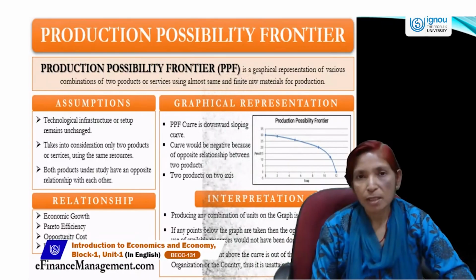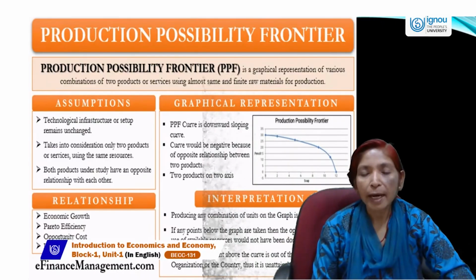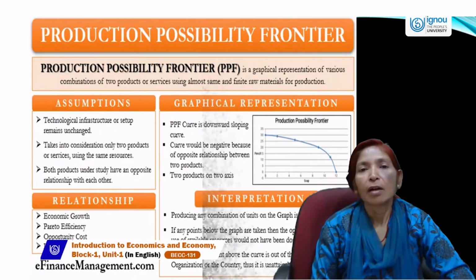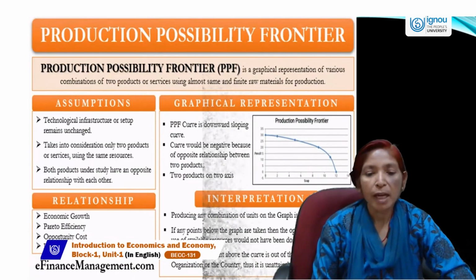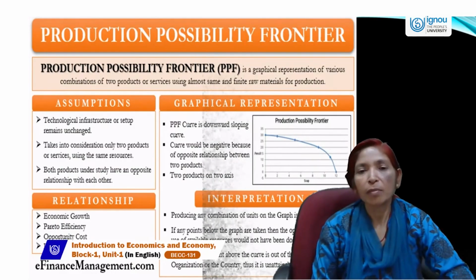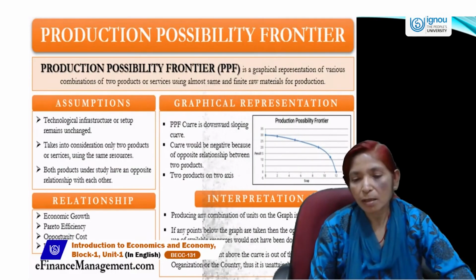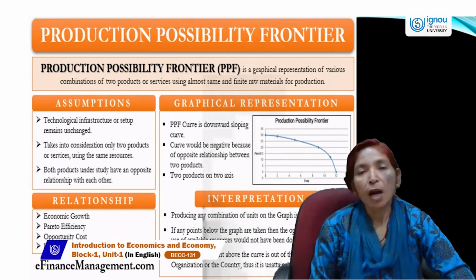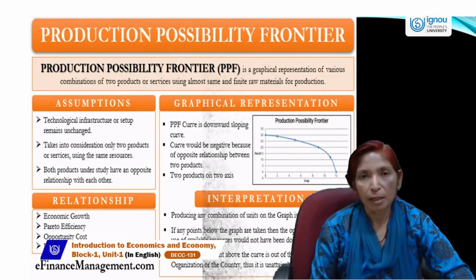If any point lies inside this curve or below it, that shows underutilization of resources. And any point above this PPC curve shows overproduction beyond capacity, which is known as unattainable.